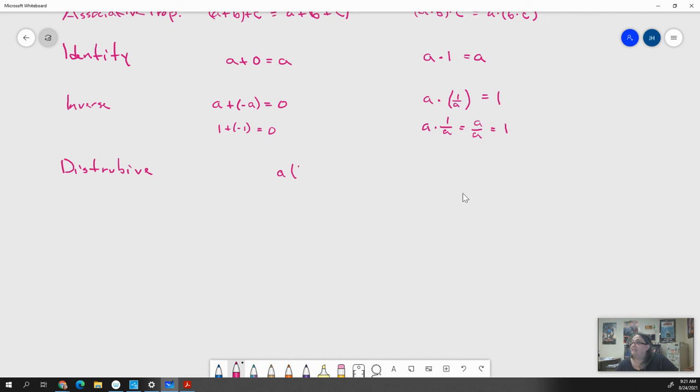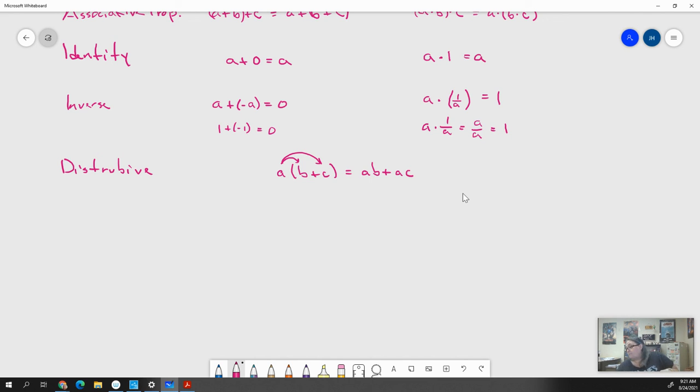So if I have A times B plus C, it's going to equal A times B plus A times C. And I'm sure most of you remember that because you used it to FOIL a lot down the road, back when you did Algebra 1, maybe used it a little bit in geometry.